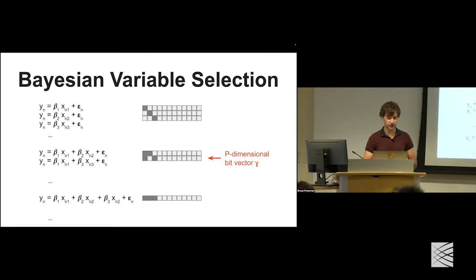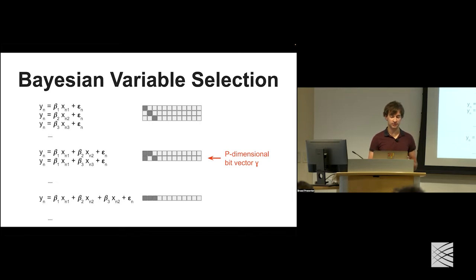On the left, I've shown this in equations, but another convenient way to encode or graphically think about what's going on is that we have capital P many covariates, and each of them is going to be turned on or off. So we can depict this graphically as these little vectors, these p-dimensional bit vectors, where each element of this vector is either 0 or 1.